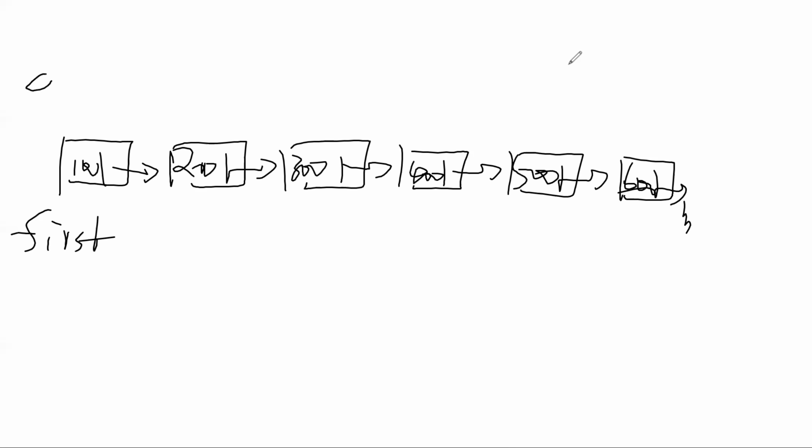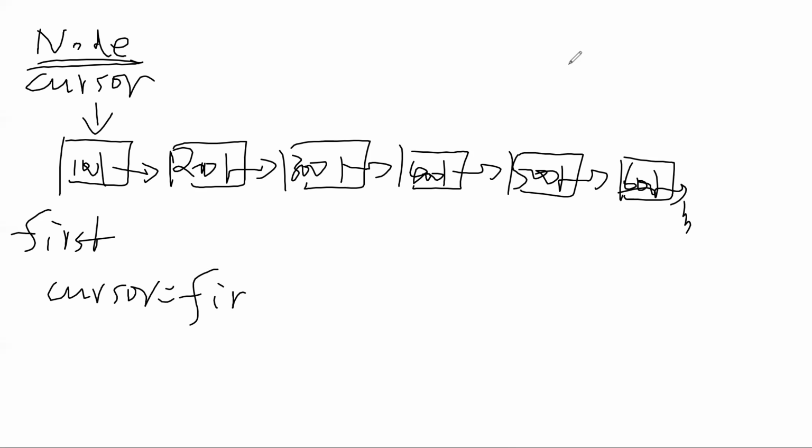So generally, what we do is we borrow a variable. Suppose we call it a cursor, and the cursor's type is a node. Of course, you can define something like this. Then you set your cursor to the first. And then how can I get to the second node?